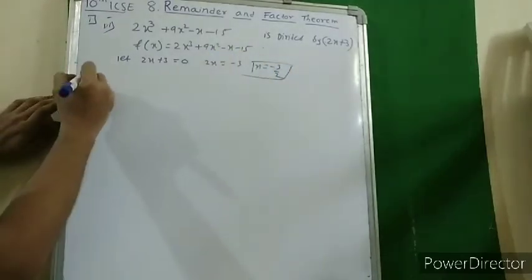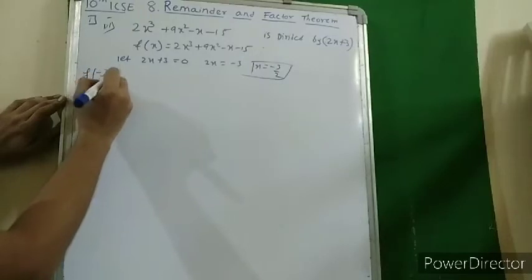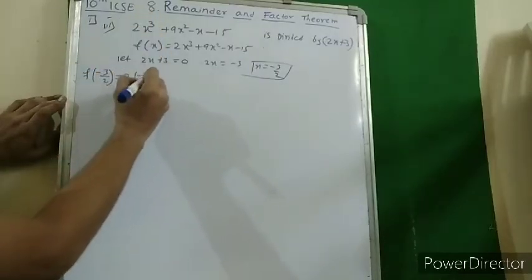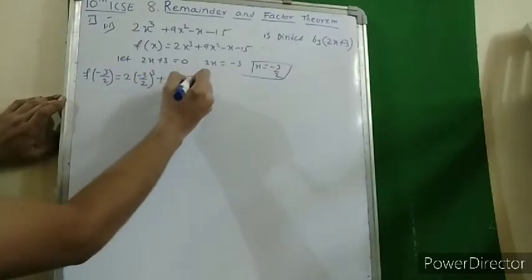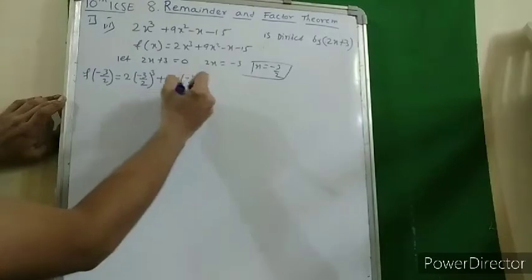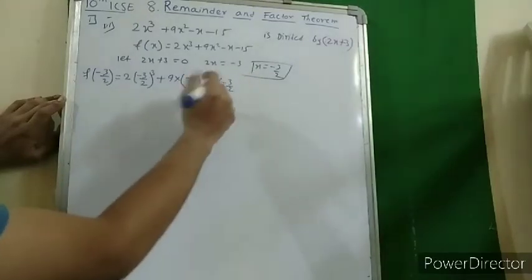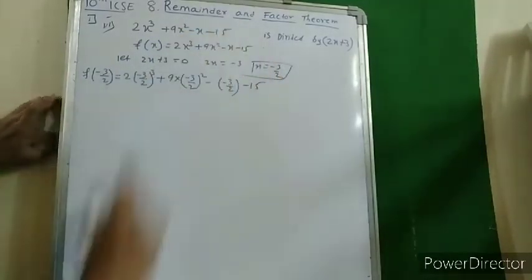Okay, so the function of minus 3 upon 2 is equal to 2 into minus 3 upon 2 cube plus 9 into minus 3 upon 2 square minus x, x is equal to minus 3 upon 2, minus 15.